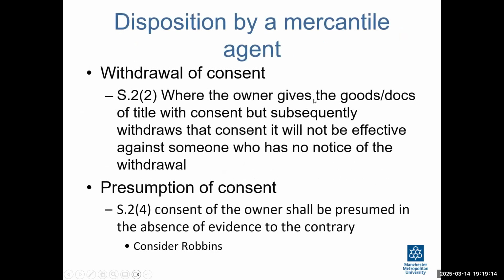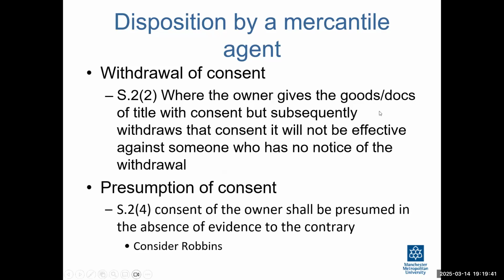So disposition by a mercantile agent, what if consent has been withdrawn? That's what Section 2(3) provides, that it should not be effective against someone who has no notice of that withdrawal. And I think this compensates for the lack of clarity with the last point: how would the buyer know that they have all those things with consent, legally?